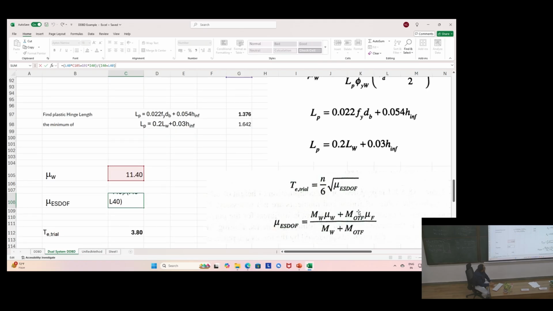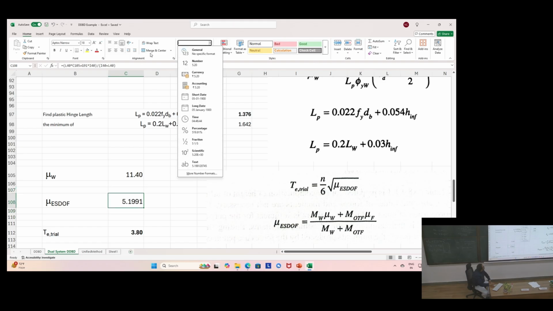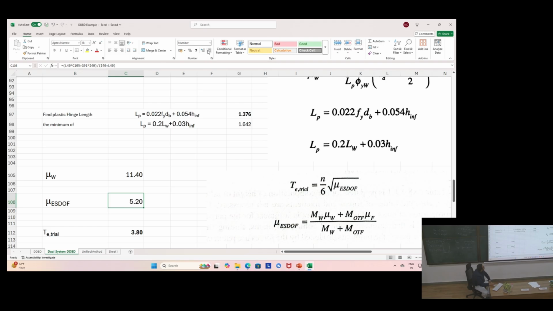Plug in this equation, you should have roughly 5.2. Everybody getting that number, roughly?